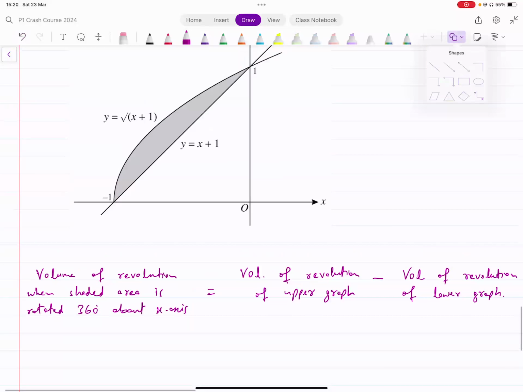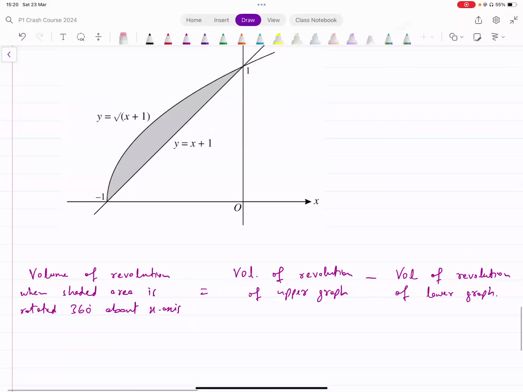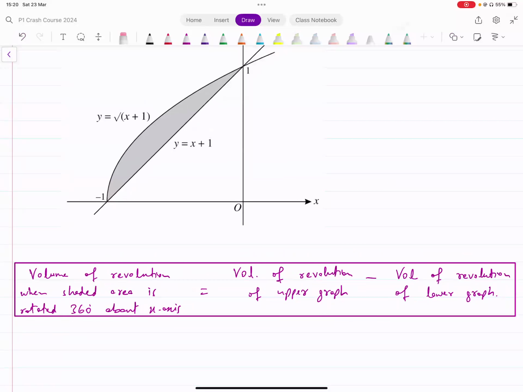And that's it. That's all that you've got to do, right? You would do the same thing for the y-axis as well. For the y-axis as well, you would find the volume of revolution of one of the two graphs and subtract the other from that.